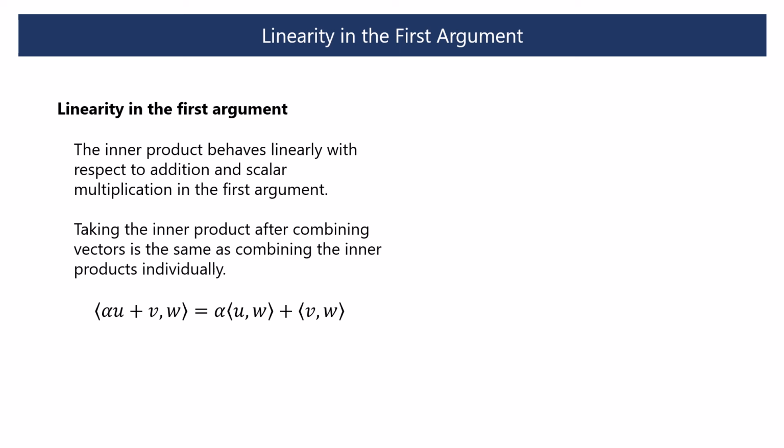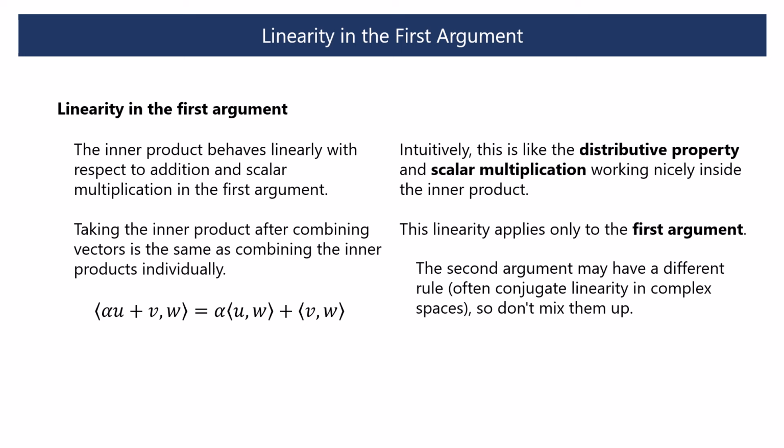That is, taking the inner product after combining vectors is the same as combining the inner products individually. Intuitively, this is like the distributive property and scalar multiplication working nicely inside the inner product. This linearity applies only to the first argument. The second argument may have a different rule, so don't mix them up.